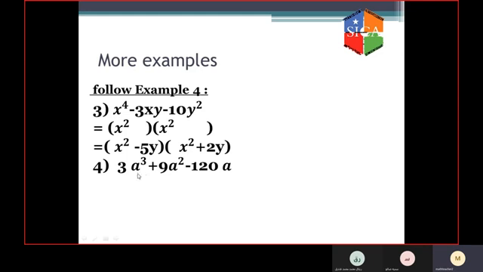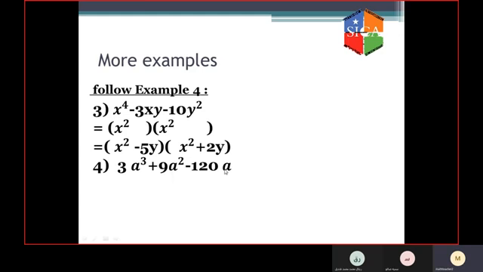Here, 3a to the power 3 plus 9a squared minus 120a. This is a trinomial, but not quadratic. We see a to the power 3 in the first term, a to the power 2, and a in the last term.